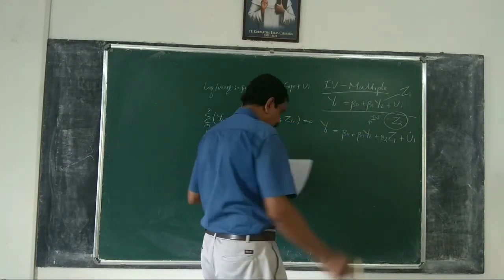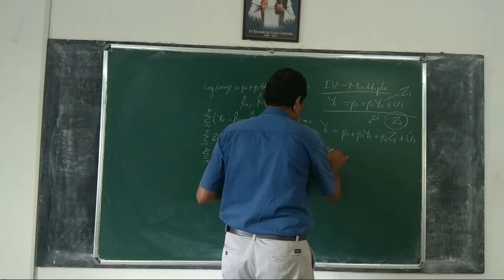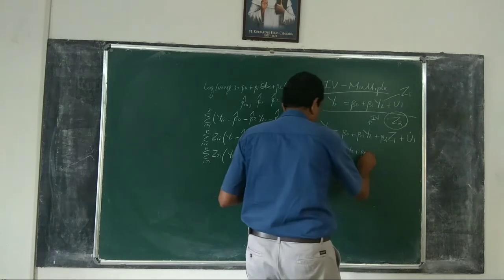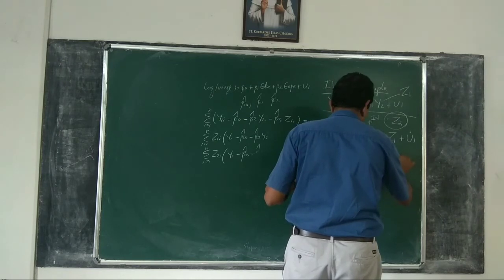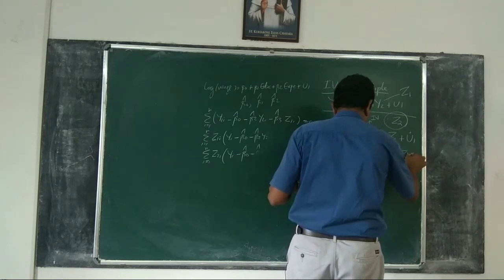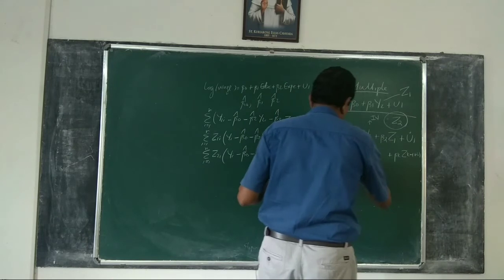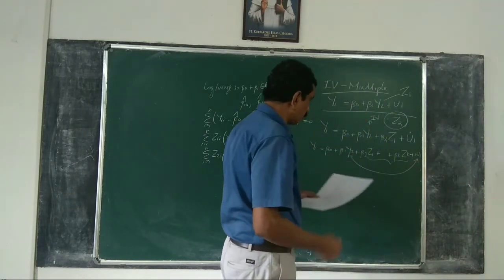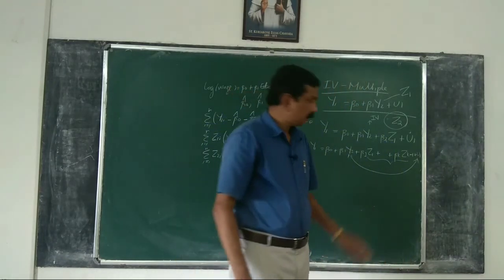Suppose that we expand this model as y1 equals beta 0 plus beta 1 y2 plus beta 2 z1 plus etc. plus beta k z k minus 1 plus u1, where z1, z2, etc., z k minus 1 are exogenous, and y2 is correlated with u1.